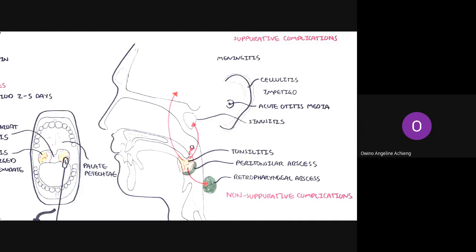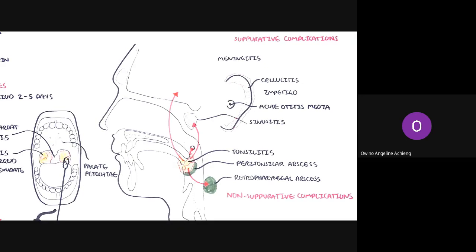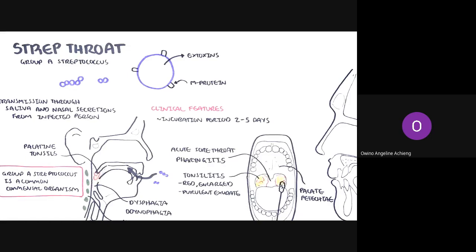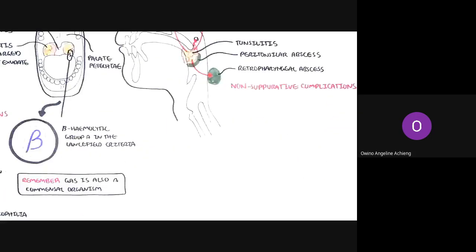The suppurative complications of group A streptococcus are because the bacteria is able to spread from its initial location, mounting an immune response and inflammation elsewhere. The non-suppurative complications of group A streptococcus are usually a result of exotoxins and M proteins of the bacteria.